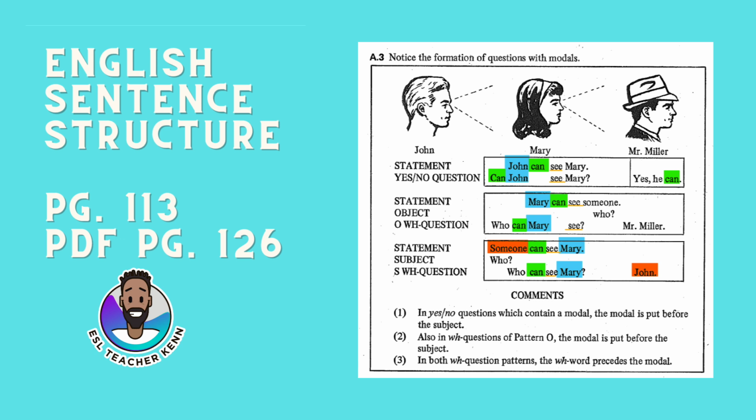She can see Mr. Miller. Someone can see Mary. Who? Who can see Mary? John can.